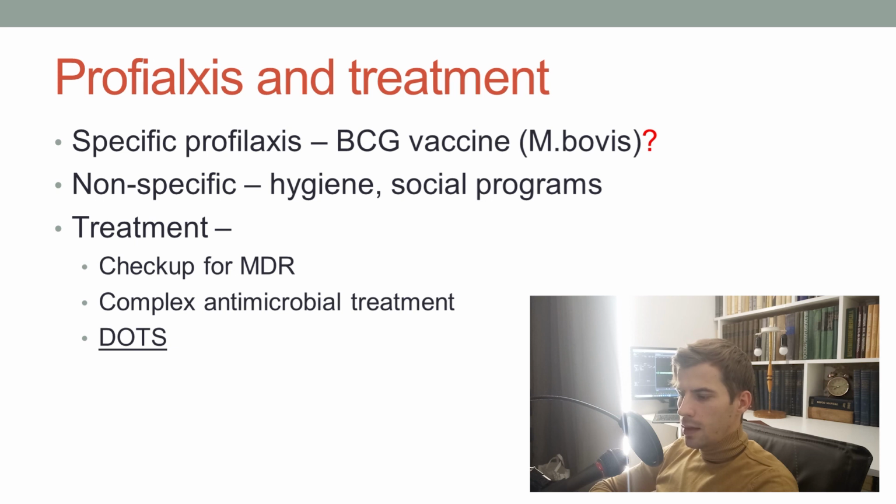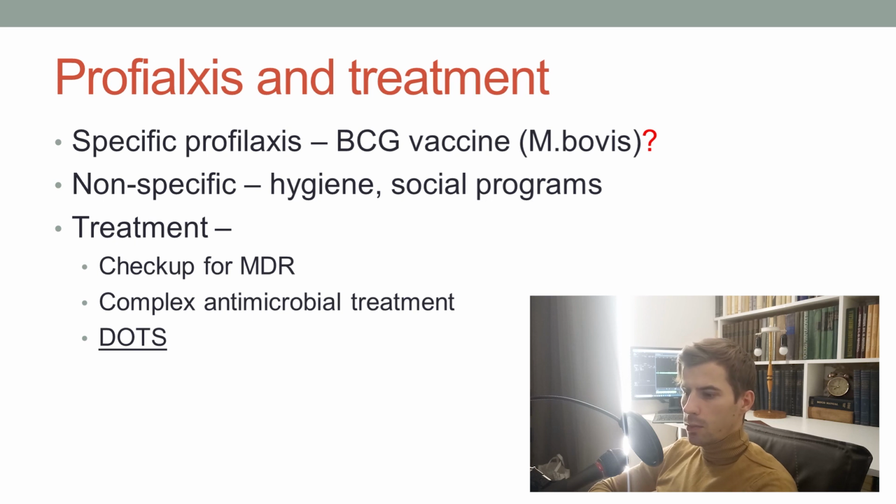In the majority of countries specific prophylaxis is applied, which includes the BCG vaccine, which is actually not a vaccine against Mycobacterium tuberculosis itself, the most common cause of tuberculosis in humans, but is made of Mycobacterium bovis, which is a less aggressive bacteria.